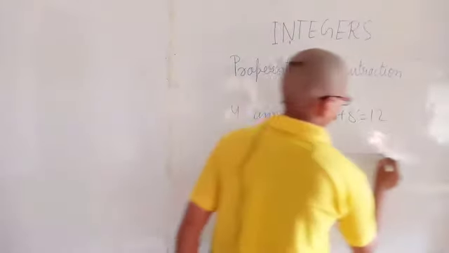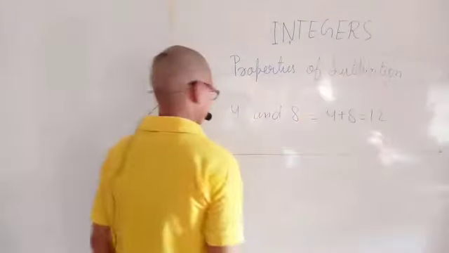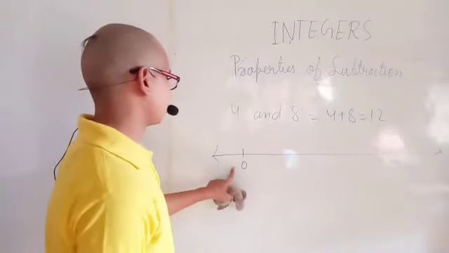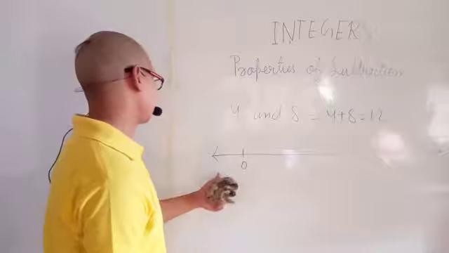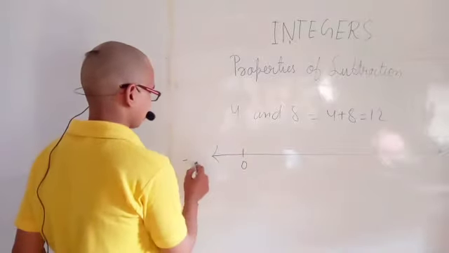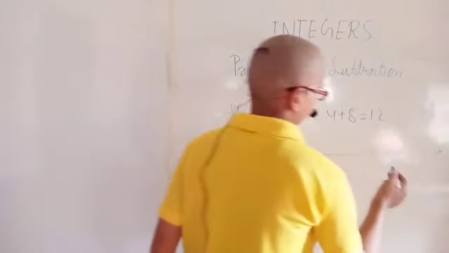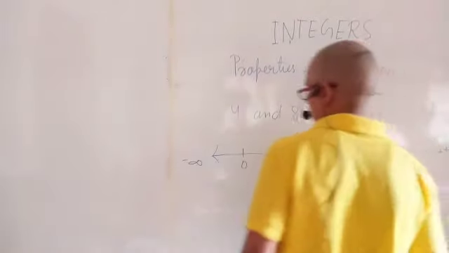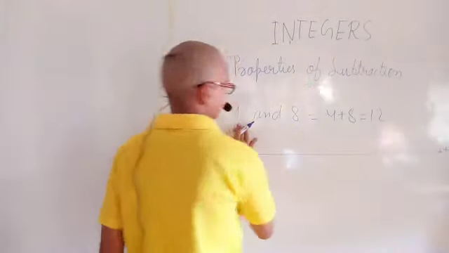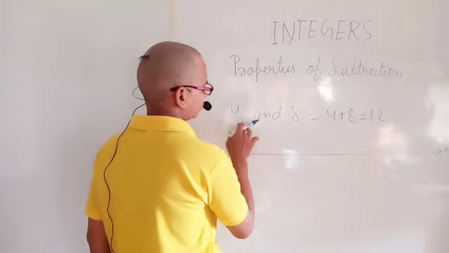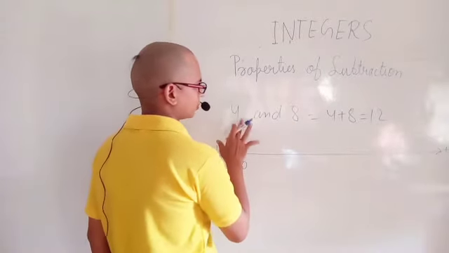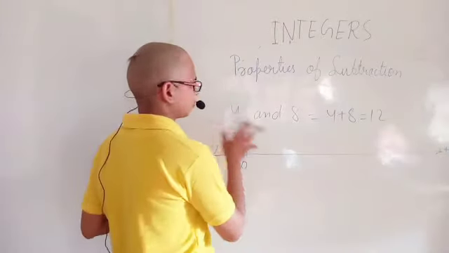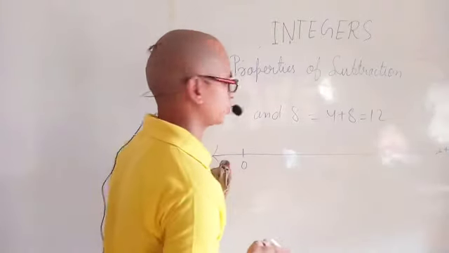We make a number line and put 0 here. We know that on the left side of 0 we get minus, and on the right side of 0 we get plus. These two numbers are already positive, because there is no sign, so we can say that it is already positive.